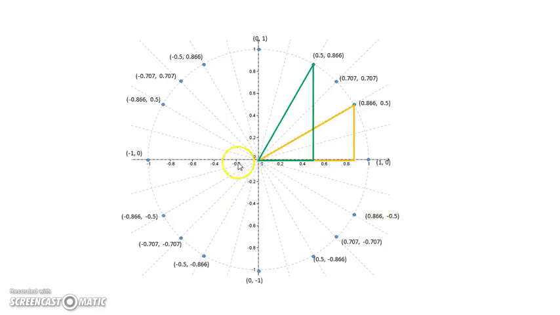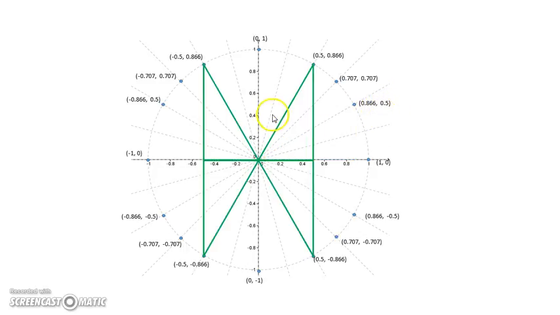Now this green triangle is congruent to the yellow triangle because that's 30 degrees, so this is 60 degrees. You'll see that the numbers here are the same as the numbers here, just the order's changed. And the same with these 3 triangles, the numbers are the same, just the positive and negative signs have changed.